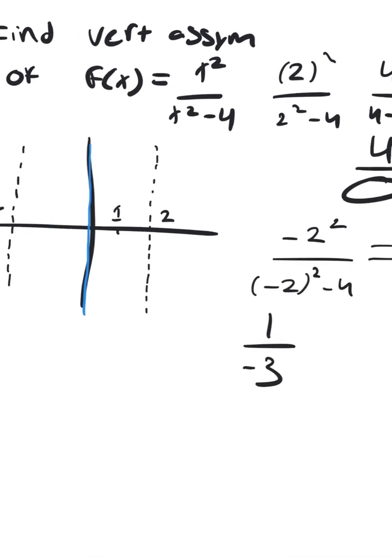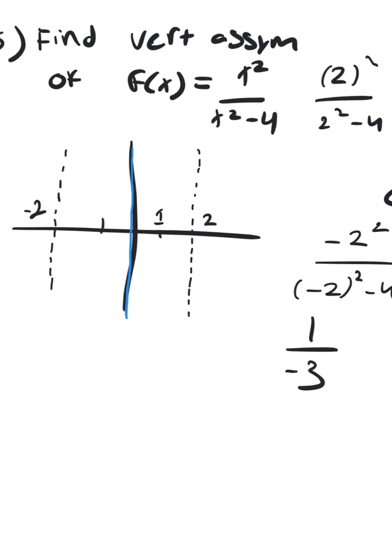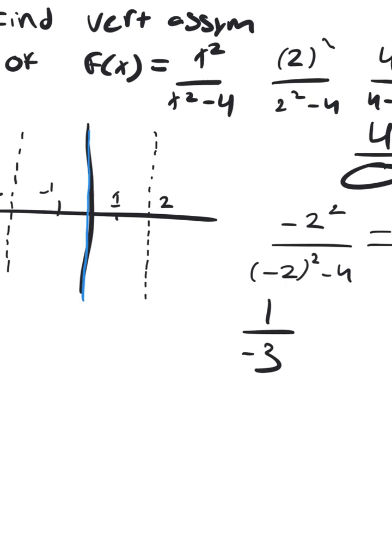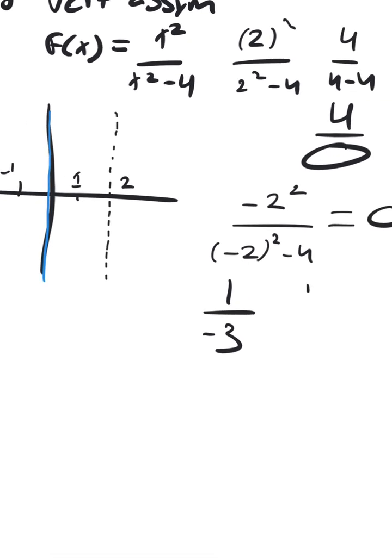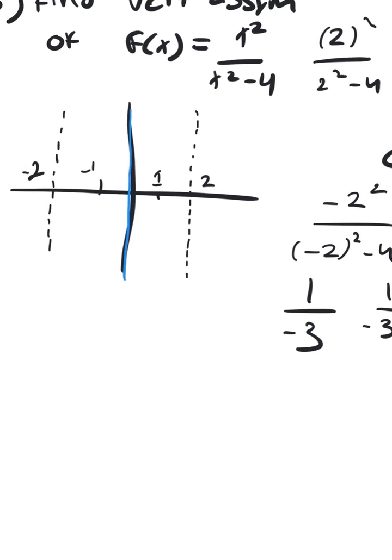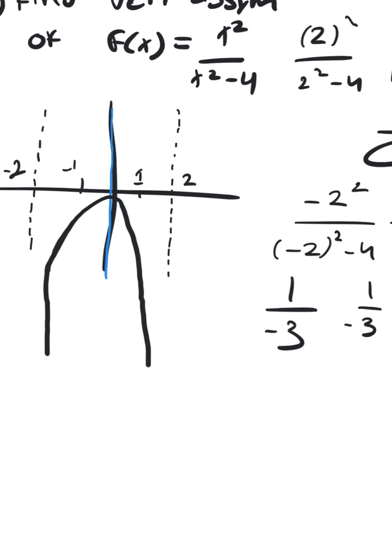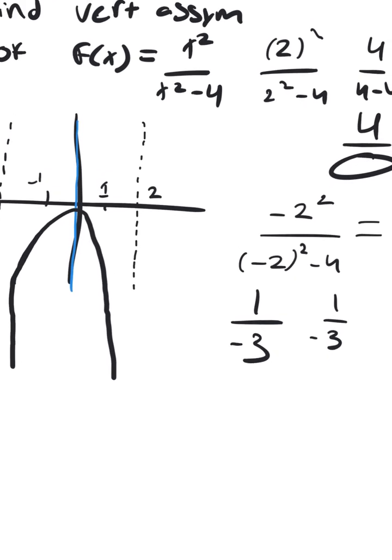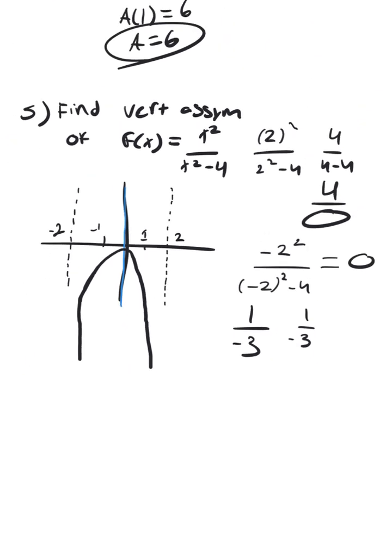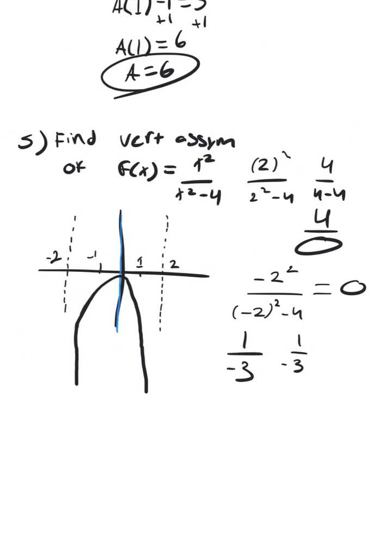And if we were to plug in negative 1, it would also be 1 over negative 3. So that means that this parabola is always going to be going towards negative infinity within these lines. So that is the solution.